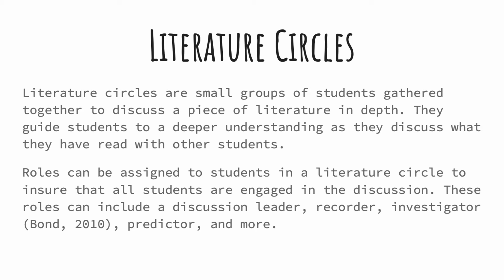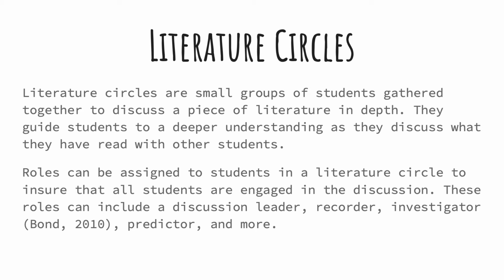In a literature circle, roles can be assigned to students to ensure that all students are engaged in the discussion and in the reading. Roles can vary depending on what you want to see out of your students, but some examples are a discussion leader.